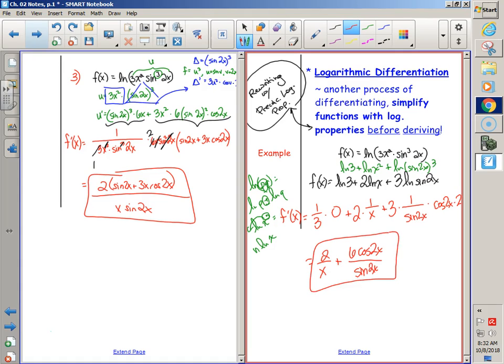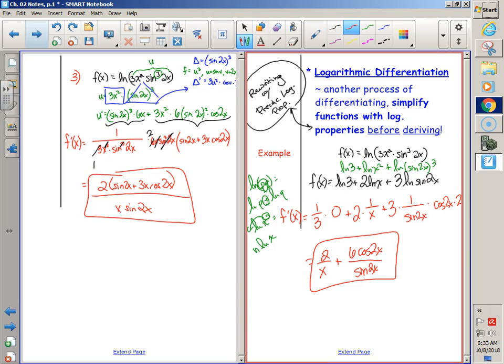Wait a minute, we're in trouble. Or are we? How could I make this one look like this one, or make that one look like this one? Either multiply to get common denominators, or break it apart, right?